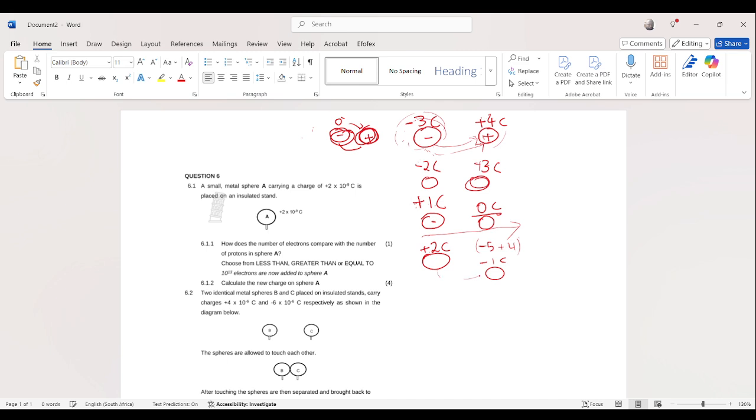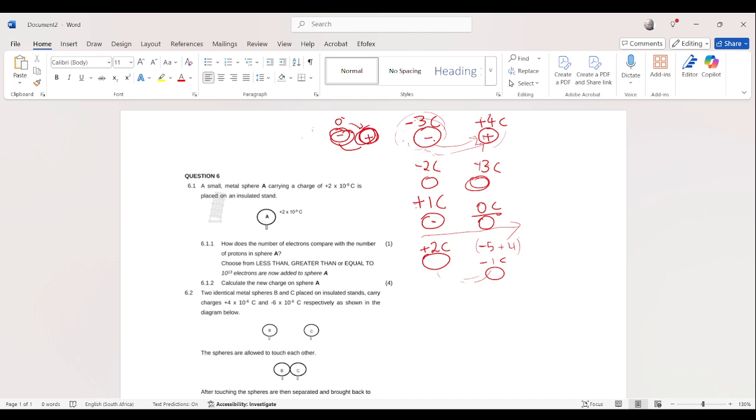Are they the same? No. No, sir. So how many charges can we transfer? Three positive charges.